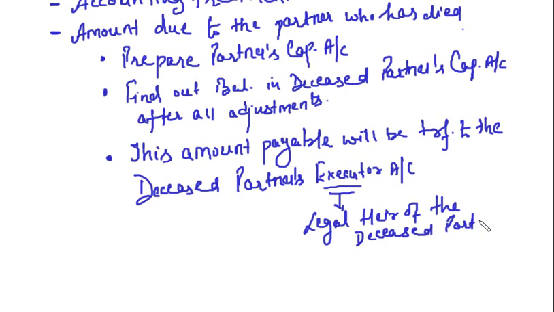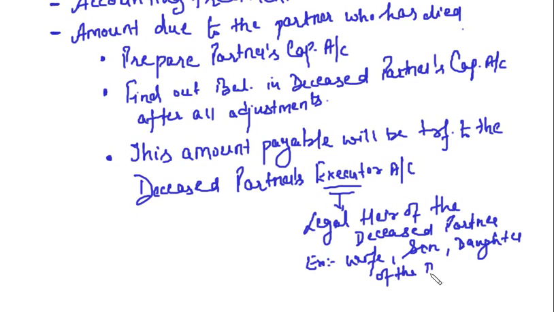For example, it can be the wife, the son, or the daughter of the deceased partner. So whatever amount is payable after the death will be transferred to the deceased partner's executor account.